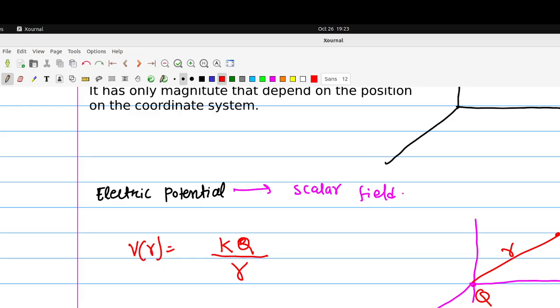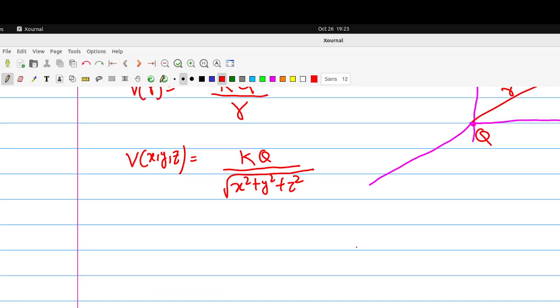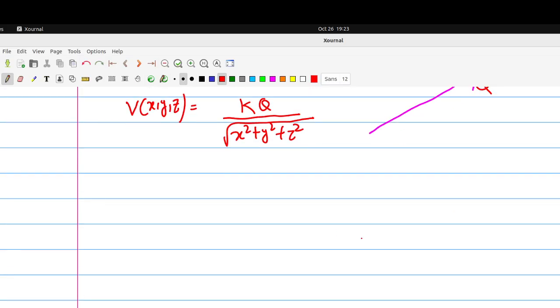If you convert to a Cartesian coordinate system, this will be xyz, kq by square root of x square plus y square plus z square. So this is a potential and this is a scalar field. So what is the vector field then? What is a vector field? You tell.